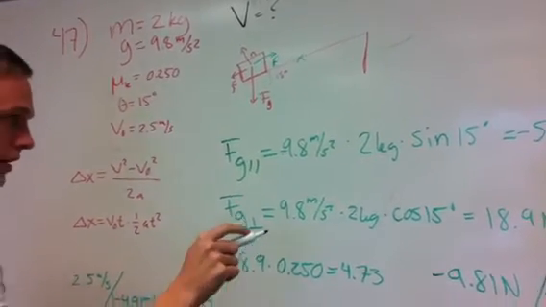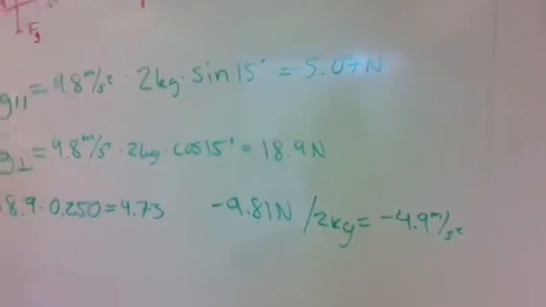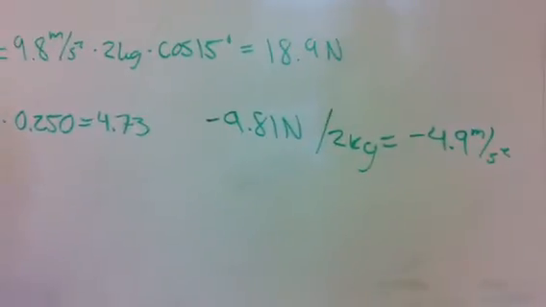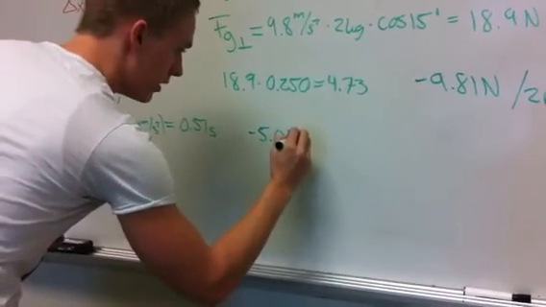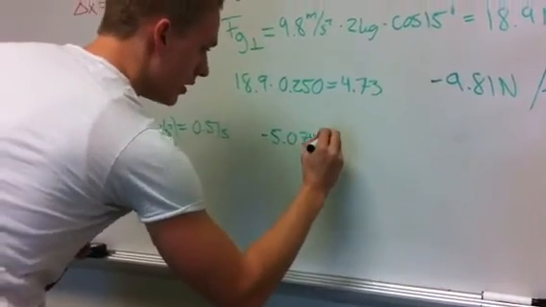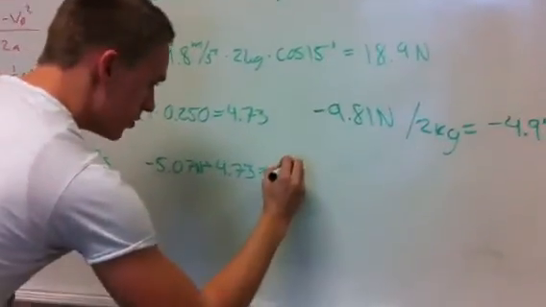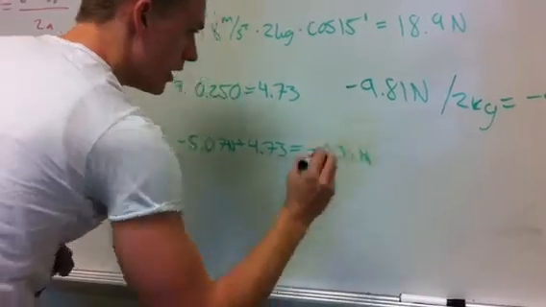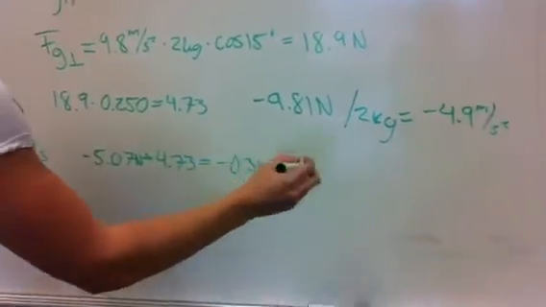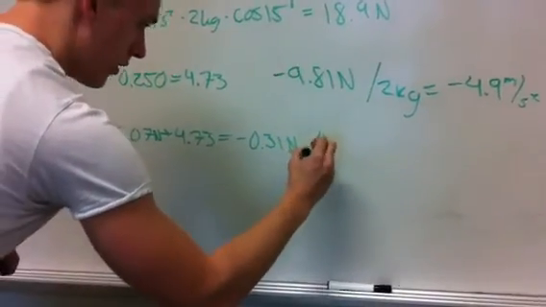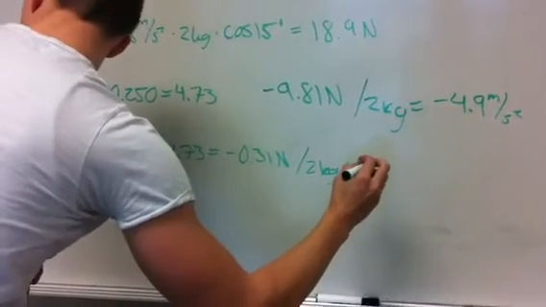Instead of 9.81, it will instead be a negative 5.07 this time plus the 4.73, which is equal to negative 0.31 newtons. And this I divide by the kilos again to get the acceleration as it moves down, which is 2 kilos.